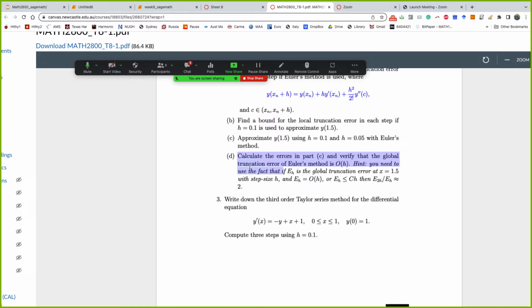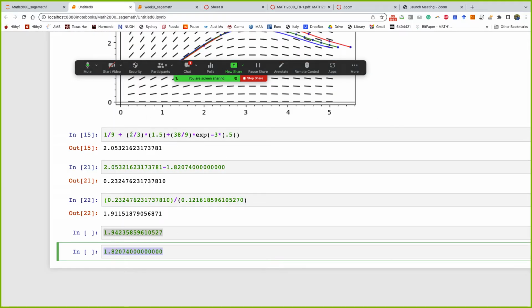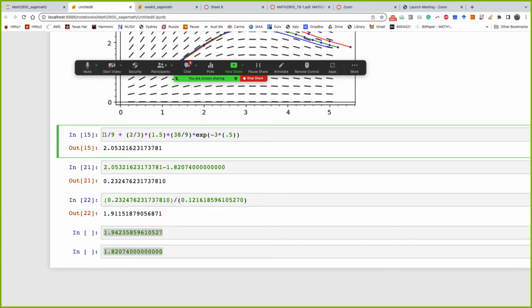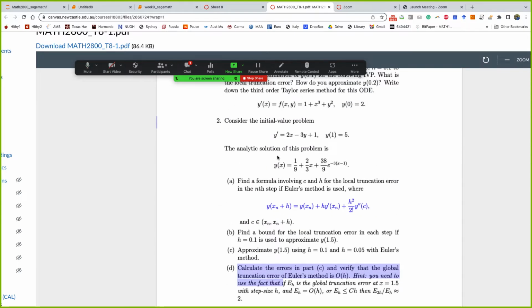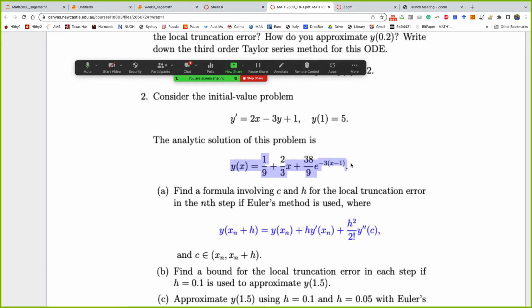So let's go to the SageMath again for the analytic solution. Do you see the analytic solution? The highlighted one is the analytic solution, and to obtain the exact solution, I will substitute x by 1.5.